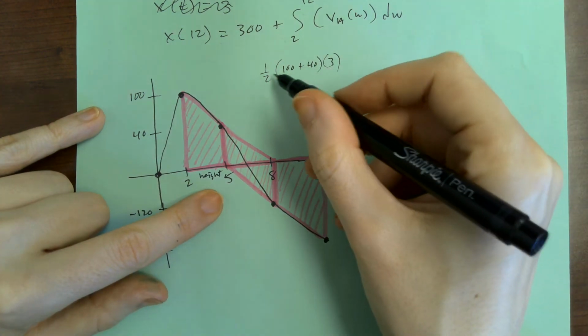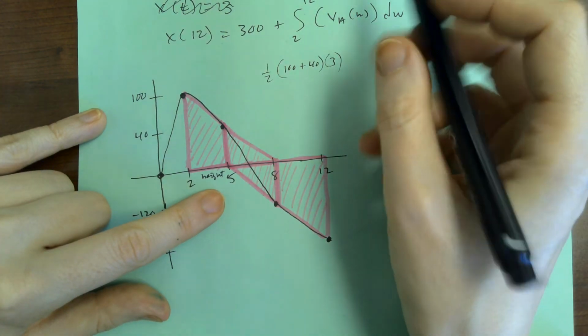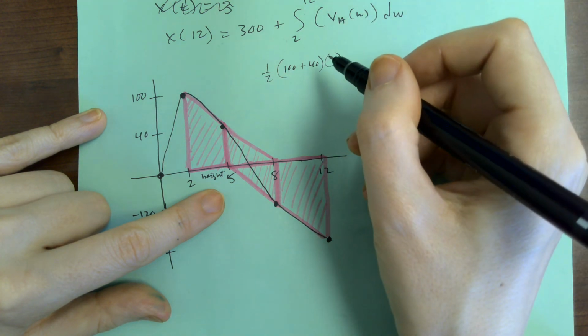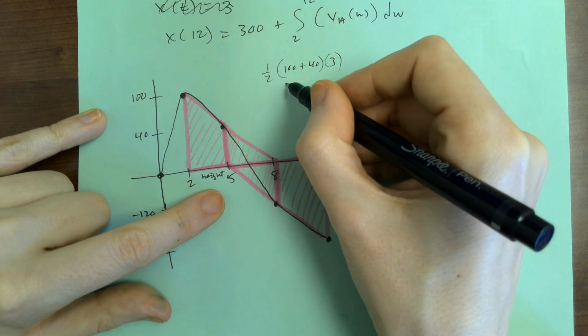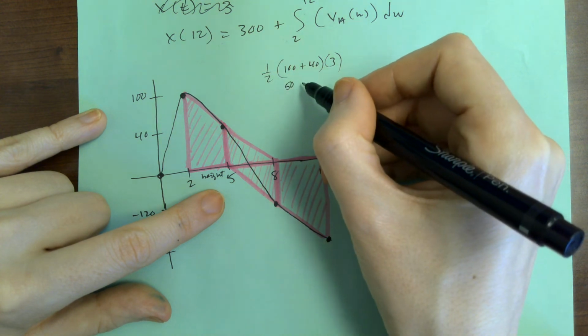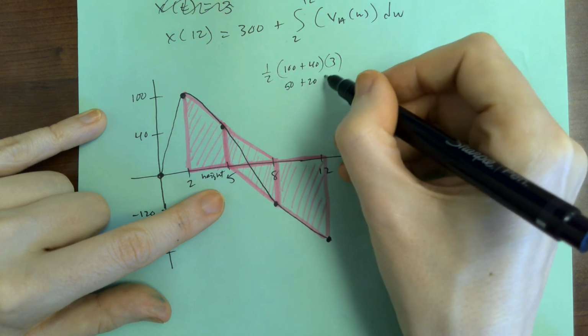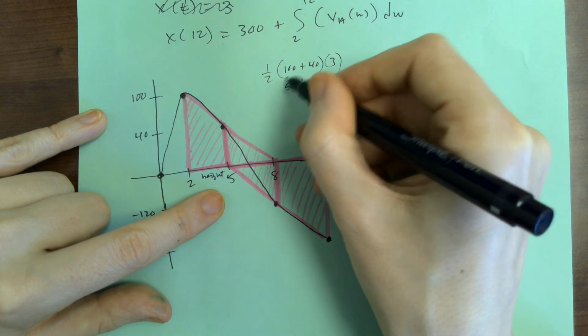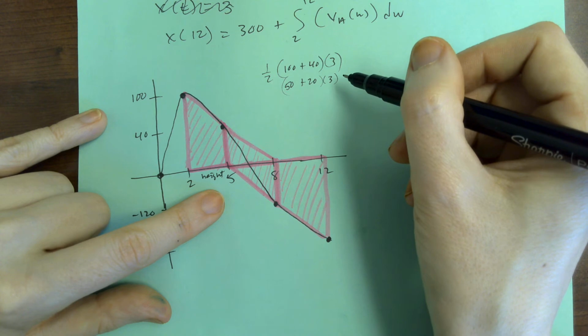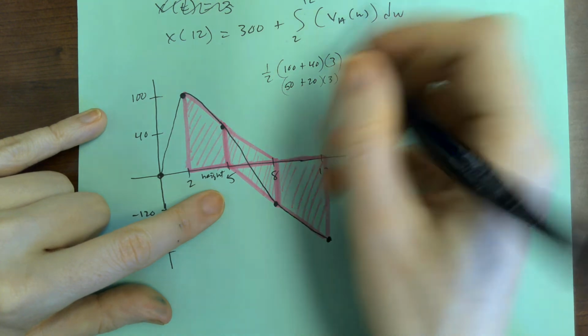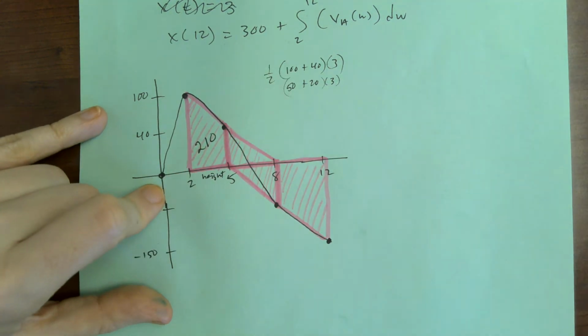Okay, so for this trapezoid, if I distribute the half, go ahead of me, guys, this is 50 plus 20 times 3. That's 70 times 3 is 210. All right, so 210 is that area.